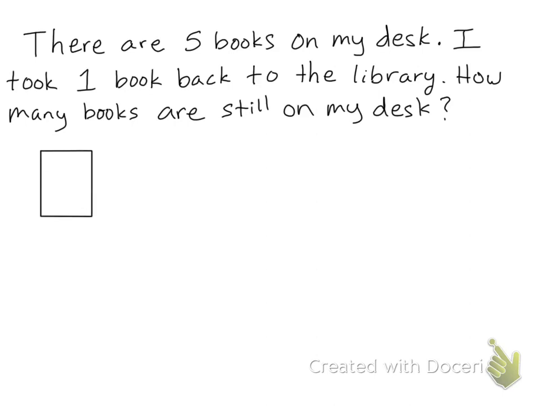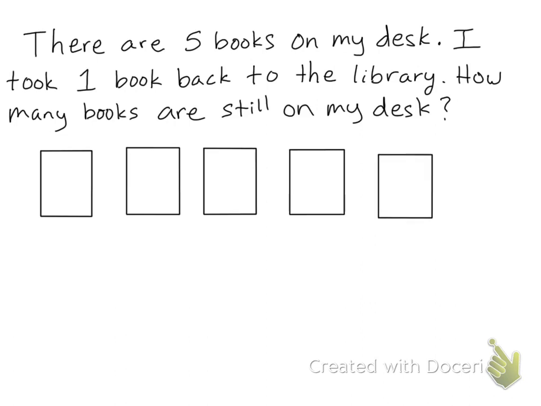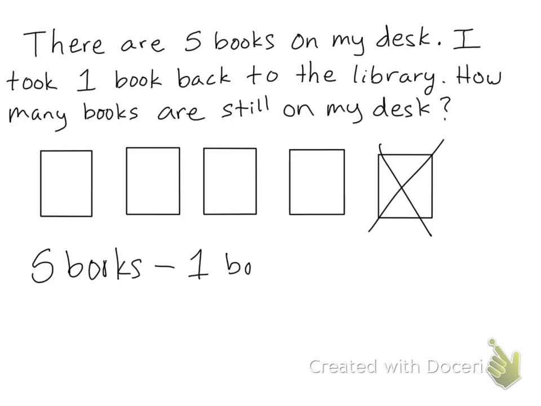So I have 5 books. 1, 2, 3, 4, 5. And then I take 1 back to the library. So how many do I have? I now have 4 books. So my number sentence would look like this: 5 books minus the 1 book equals 4 books.